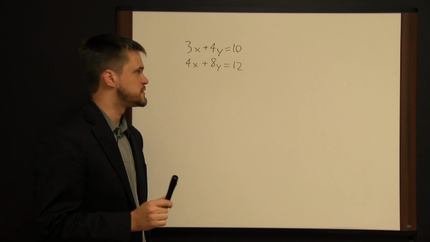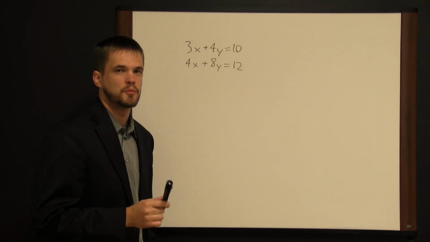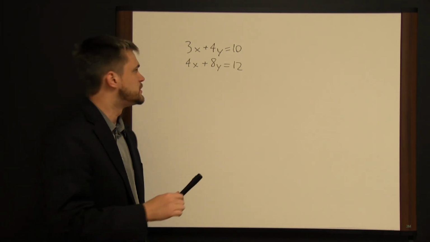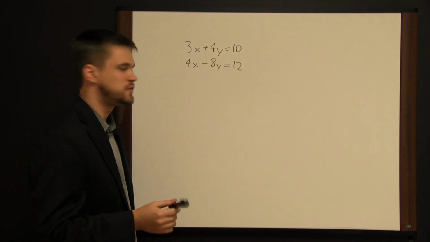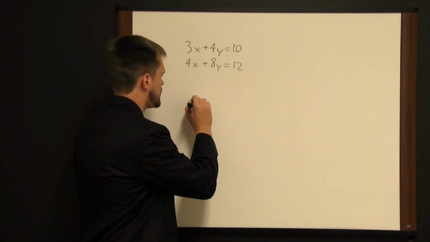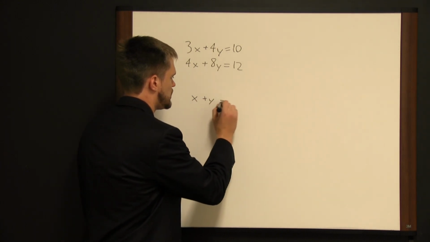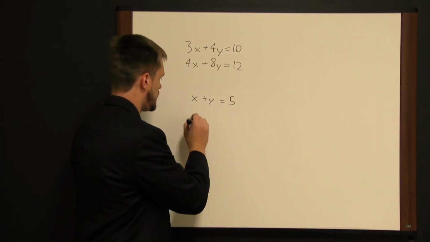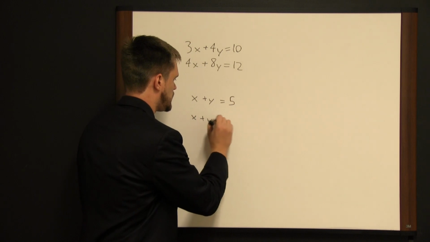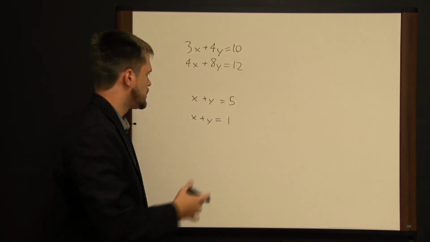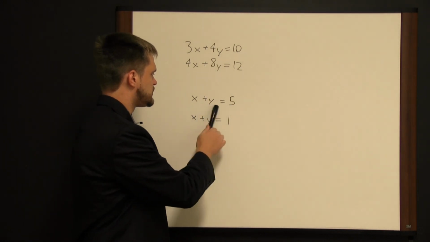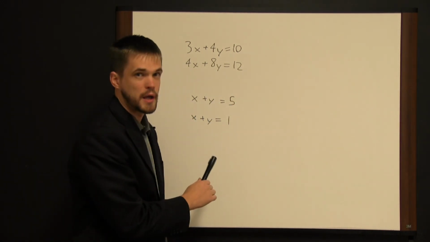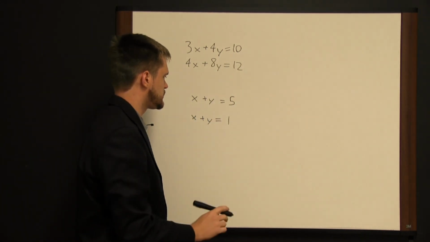Now there are 2 exceptions to that rule. One is if the 2 equations are contradictory. So for instance, if you had the system of equations x plus y equals 5 and x plus y equals 1. These 2 equations are contradictory because they're telling you that the same quantity, x plus y, is equal to 2 different things.